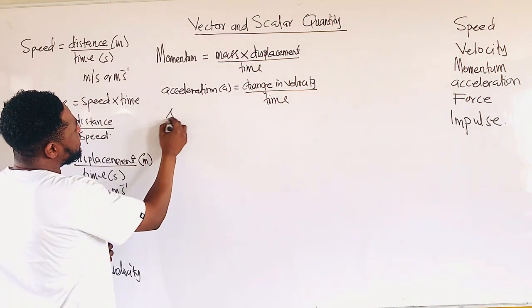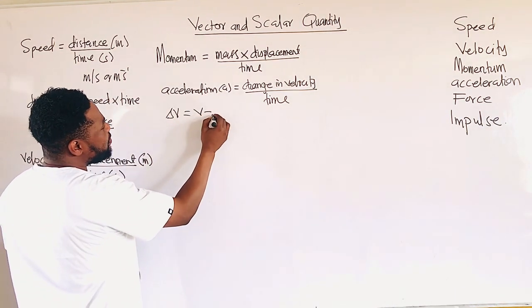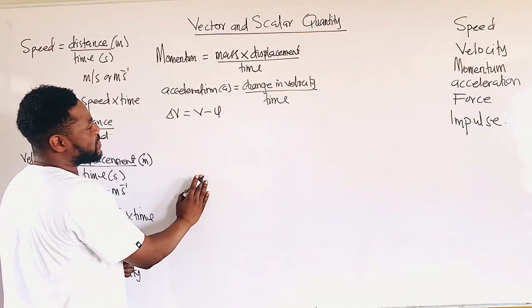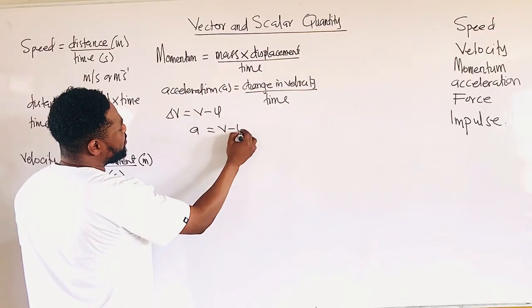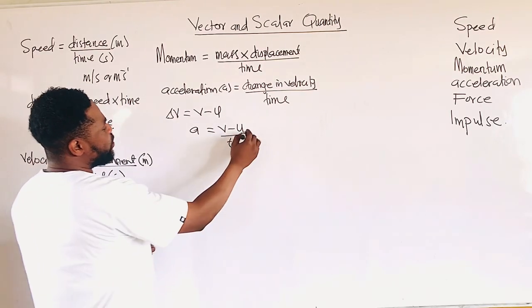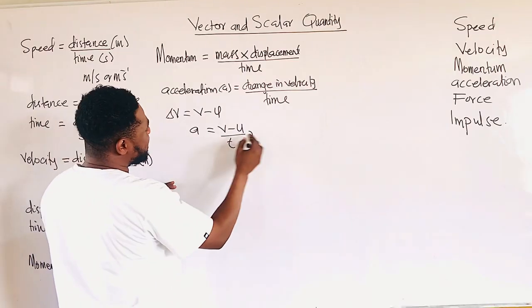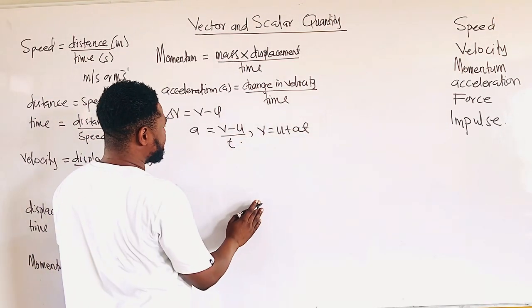And when we say change in velocity, it means our final velocity minus initial velocity. Therefore, acceleration will be equal to v minus u all over what? T. Where we can make v the subject as v equals u plus at.